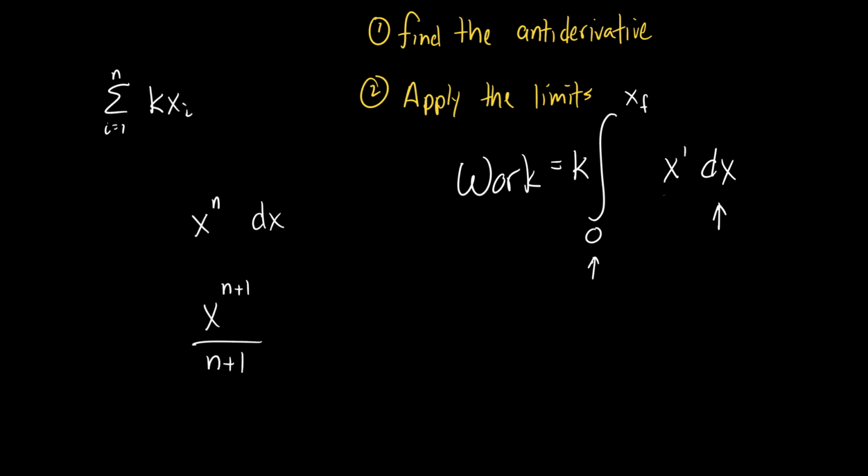I'm going to add 1 to the exponent, which is currently 1, which is going to make it x squared. And I'm going to divide by the new exponent, which is dividing by 1 plus 1, which is 2. I've done it. I have found the antiderivative.